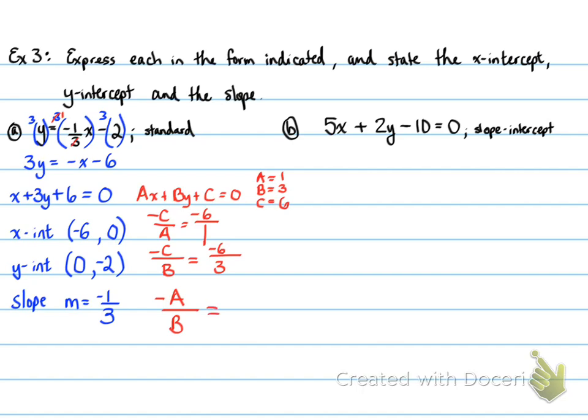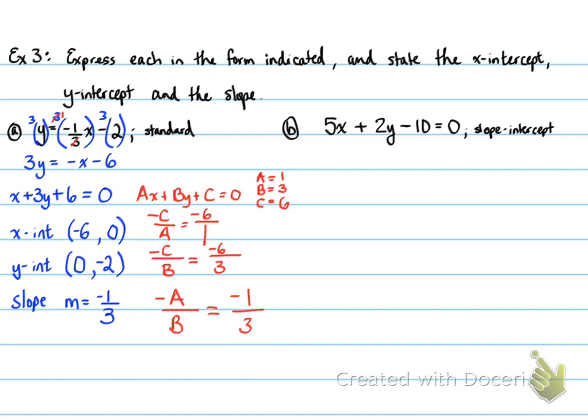Negative a is negative 1 over 3, which is b. So m is equal to negative 1 over 3. We could have seen that in slope-intercept form, where you can find the slope easily, or in standard form, we could have calculated that. Either way, you will get the full marks.